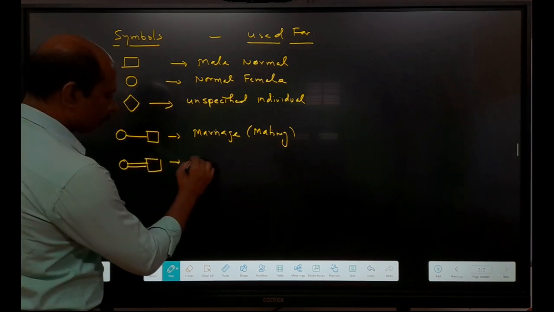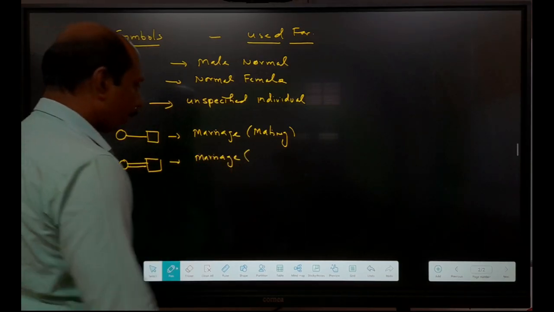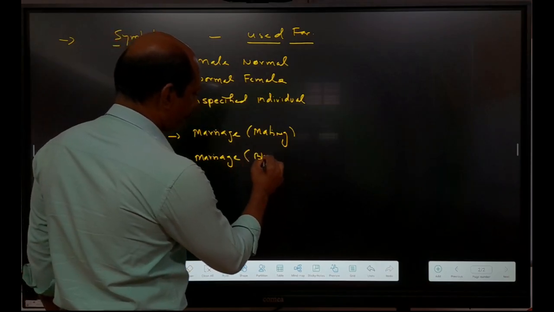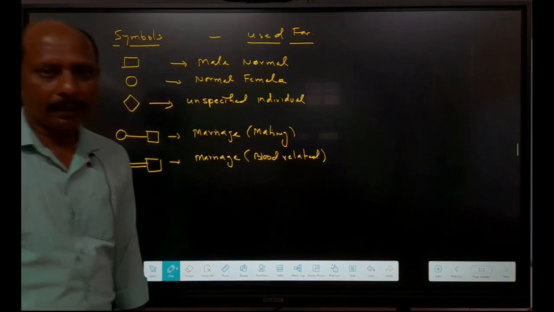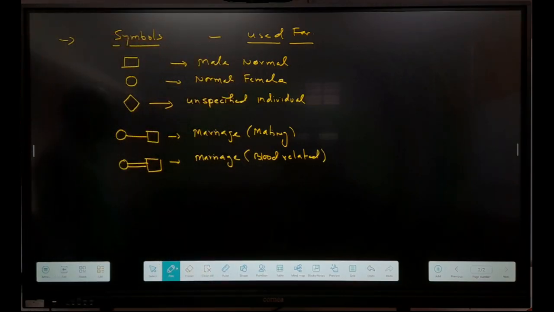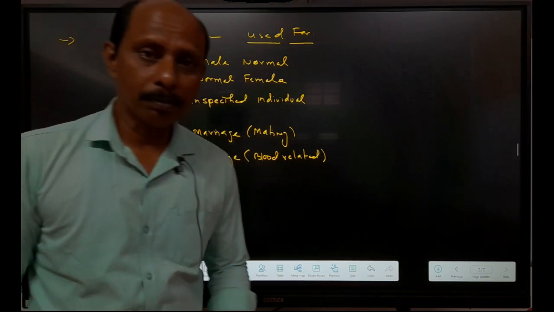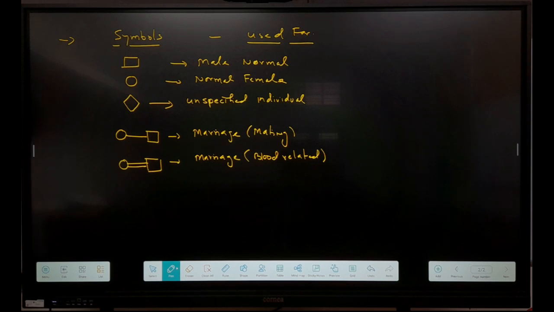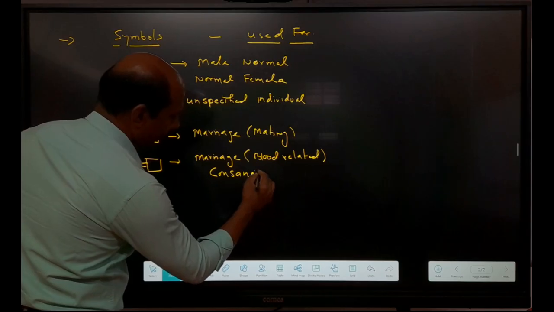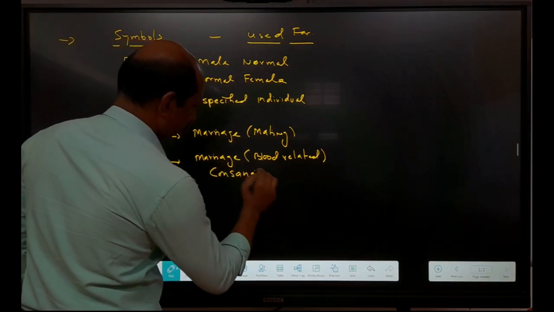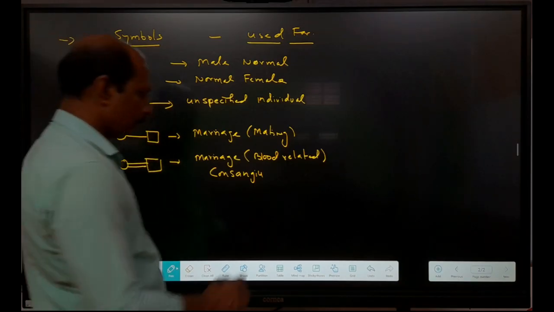That means it is also marriage, but here it is blood related. So it is called consanguineous, right? What is called consanguineous? Consanguineous means blood related, right?